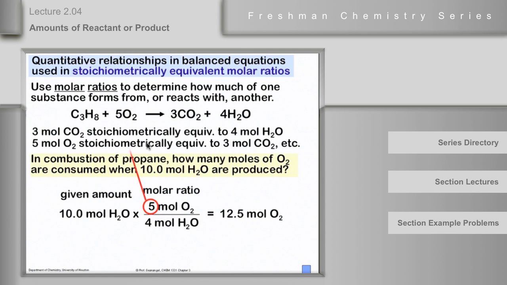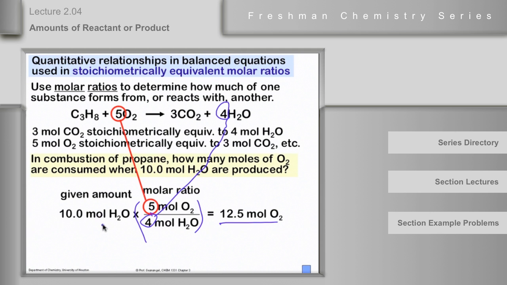This 5 comes from that 5 right there, and this 4 comes from that 4 right there. So you get the balanced chemical equation, and then you use the coefficients to build your molar ratio that actually converts moles of one thing to moles of another. Once the arithmetic is done, the answer is it takes 12.5 moles of oxygen to make 10 moles of water.